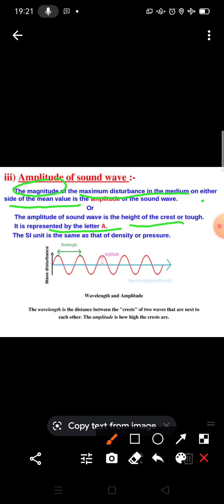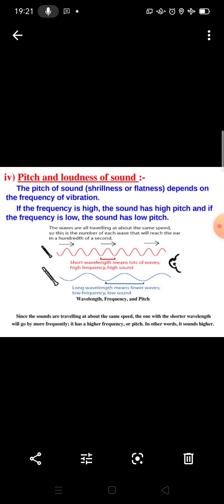You can relate it to the loudness. There is another quantity, loudness and the pitch, and loudness is related to the amplitude of the sound wave. If there is more amplitude, it means larger maximum displacement, so louder is the sound.